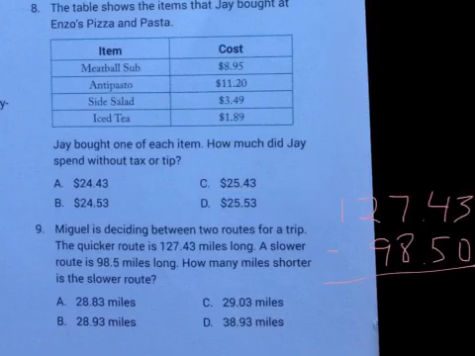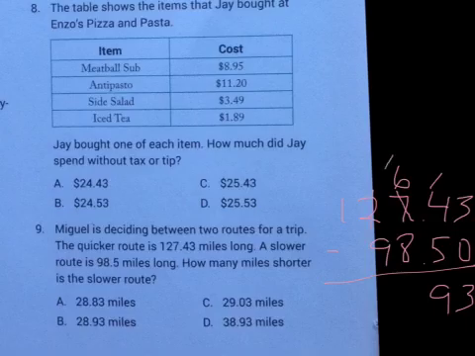Okay, 3 minus 0 is 3. We cannot subtract 4 minus 5, so we're going to borrow from this 7. We're going to make the 7 a 6, and we're going to make the 4 a 14. We borrowed 10. So we'll say 14 minus 5 is going to equal 9. We know that 6 will not subtract from 8, but it will subtract from 16.